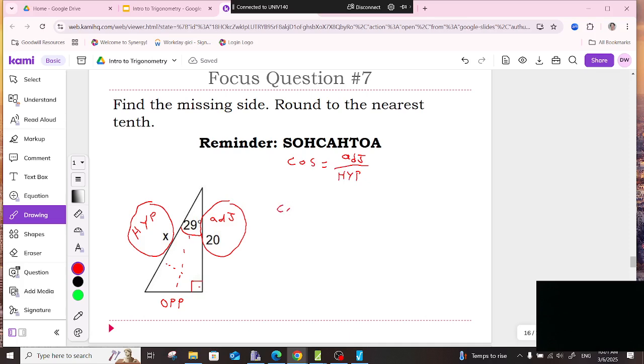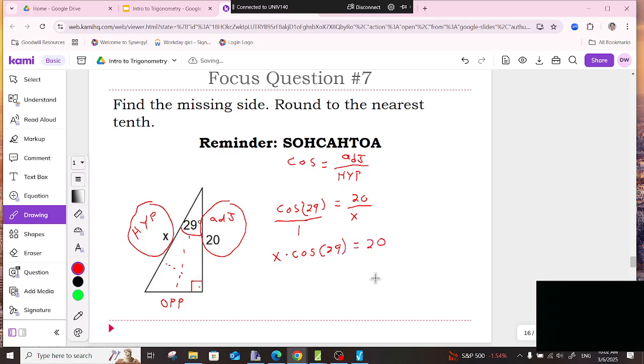So cosine of 29 degrees is equal to, what's the adjacent? 20, and then x is over here. So I'm going to place this over 1, and I'm going to cross multiply. X times cosine 29 is equal to 20.